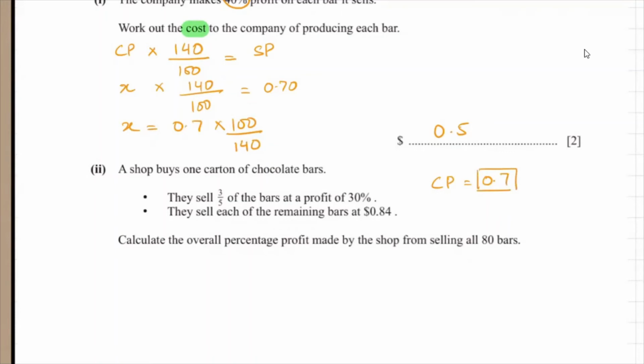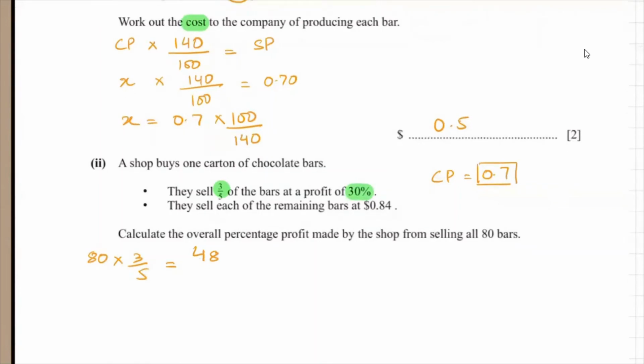They're saying that 3/5 of the bars. How much is 3/5? So 3/5 of 80 would be 48, and they are being sold at a profit of 30%. So first of all, let's calculate the price of one of it.